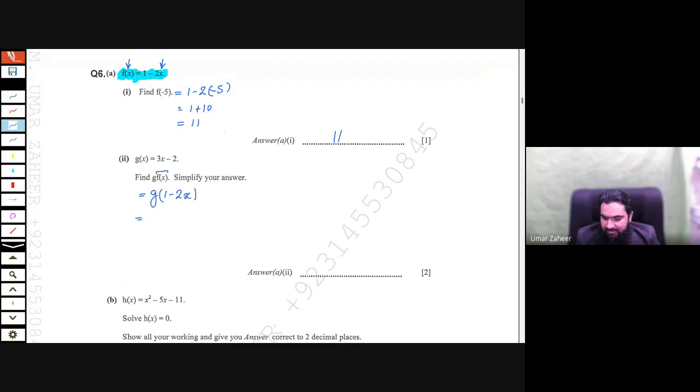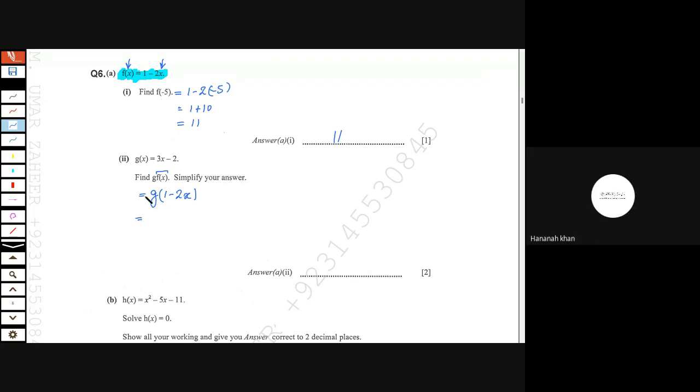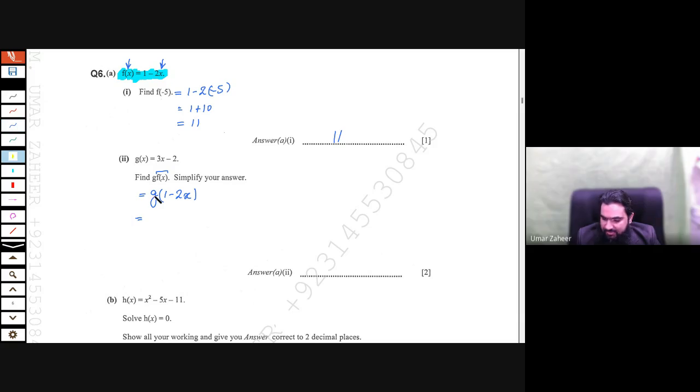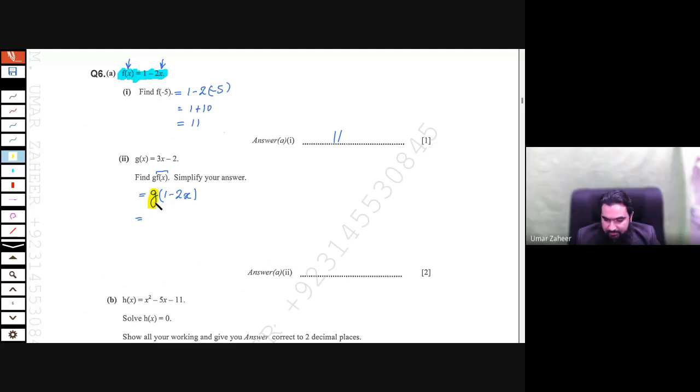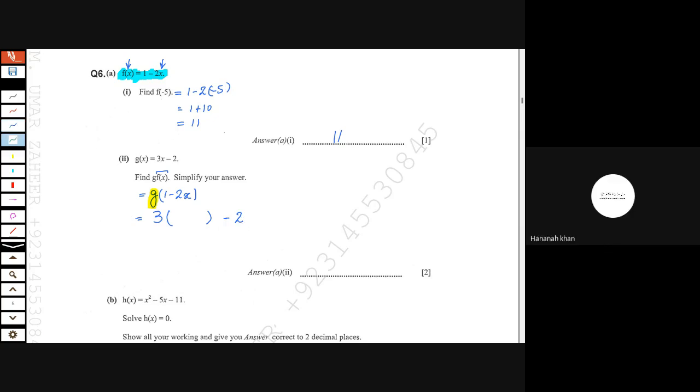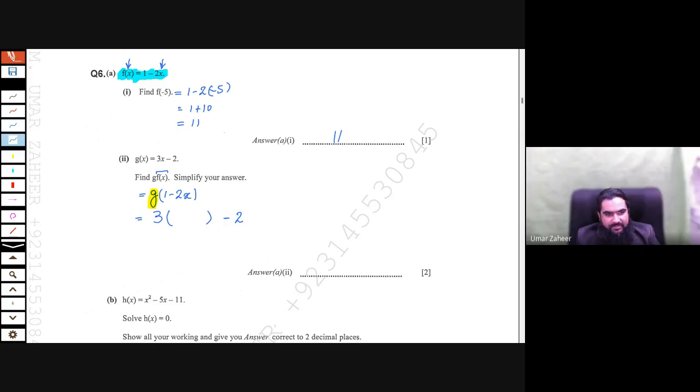Now, which function is applying? The g function, 3x minus 2, right? Yes. The function is 3x minus 2. What do we have to substitute at the place of x?